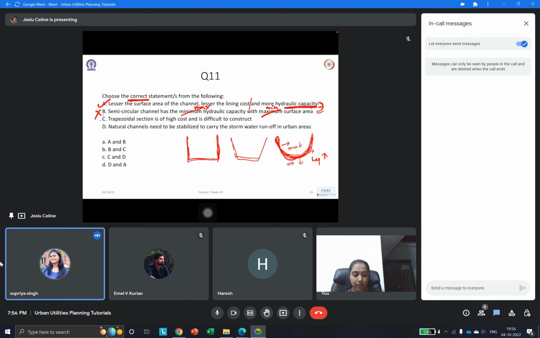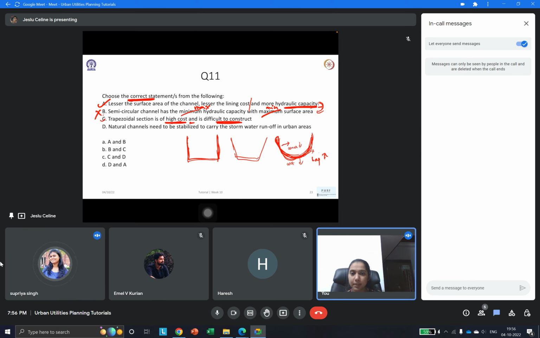But if you have an and clause, and any one is wrong, then we will mark it as wrong, right? Oh no, this is choose the correct option, so both need to be correct. You're saying cost is high, difficult to construct is also high. Right, fine. The last one is natural channels need to be stabilized to carry stormwater runoff in urban areas.